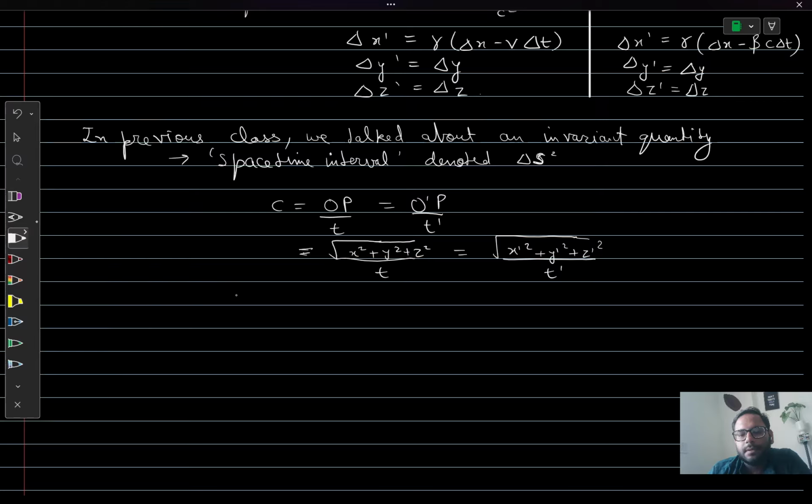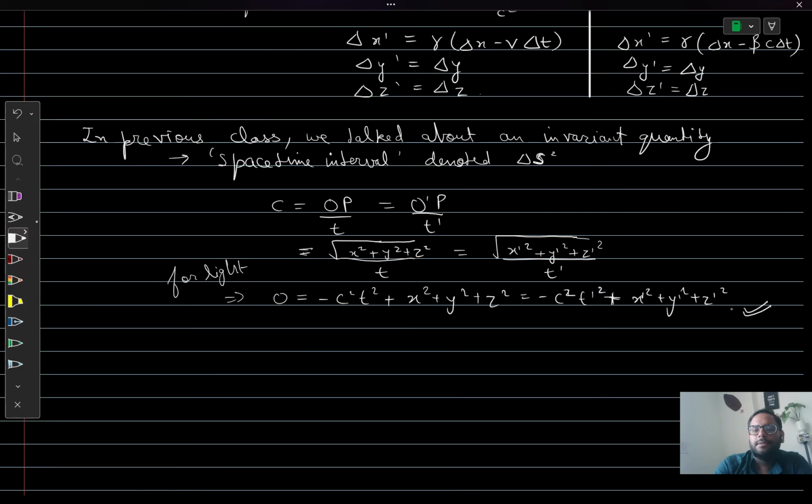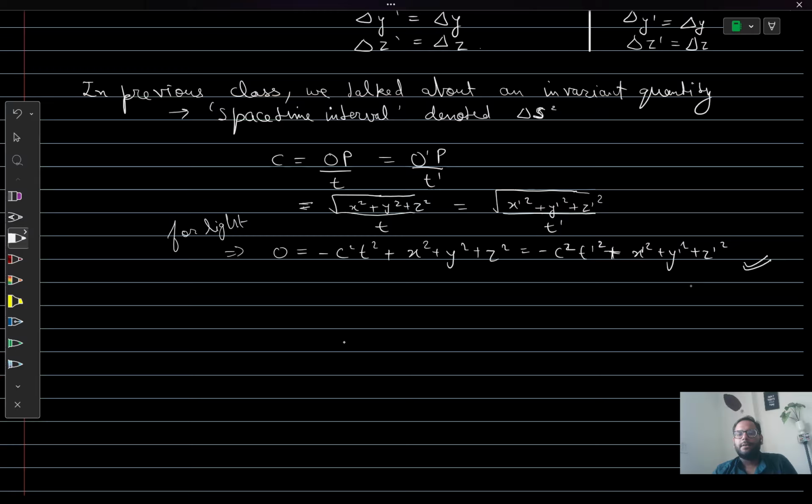For light, c squared t squared equals x squared plus y squared plus z squared, and likewise c squared t prime squared equals x prime squared plus y prime squared plus z prime squared, since c is constant in all frames. So due to the second postulate, this interval should be invariant under the transformation equations.